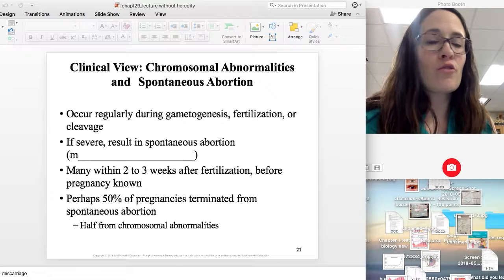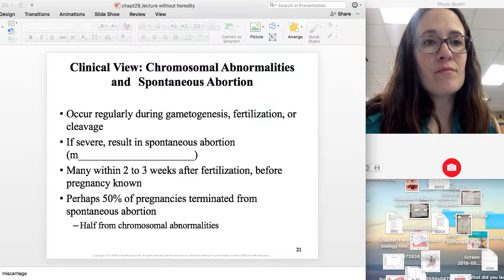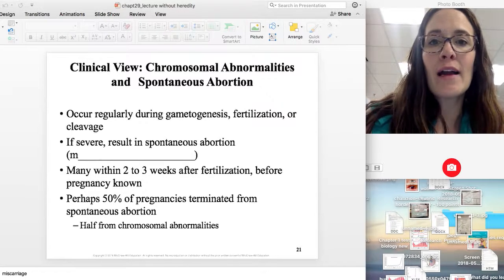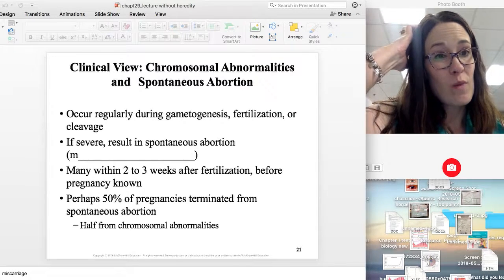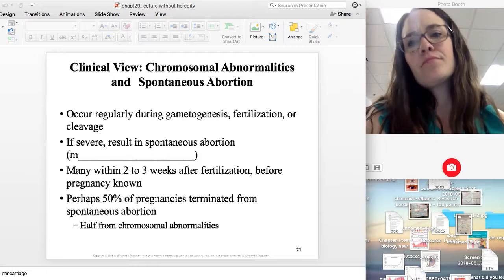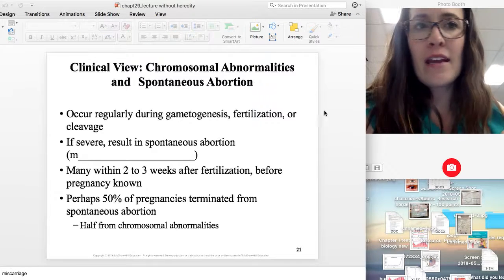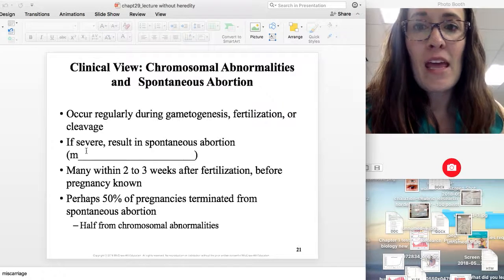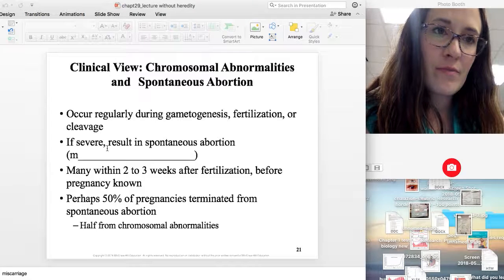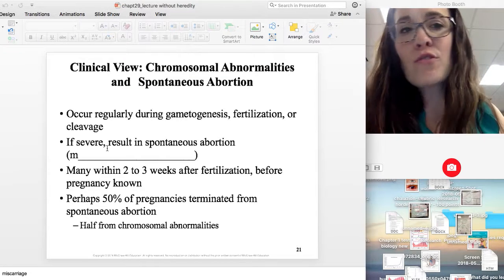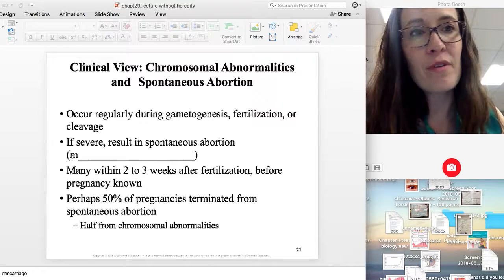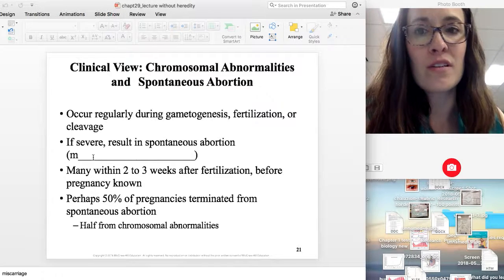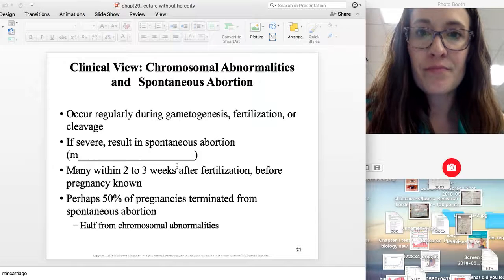So these chromosomal abnormalities, where the chromosomes don't split correctly during formation of sperm or egg, or maybe they're mismatched in fertilization or cleavage, can happen spontaneously. And if this is severe enough, problems with division or chromosome numbers, it can induce an abortion. In the first 3 months of pregnancy, that abortion is termed a miscarriage.